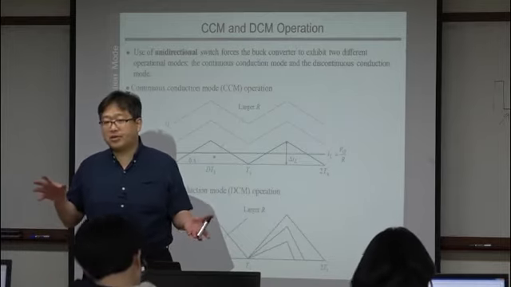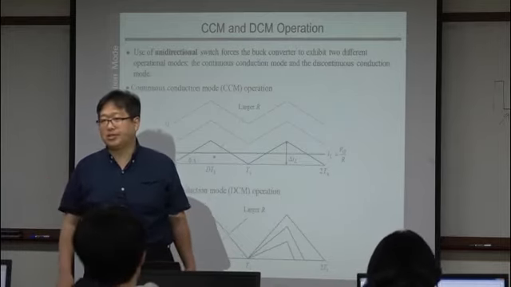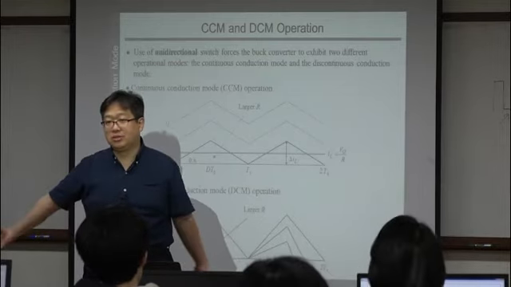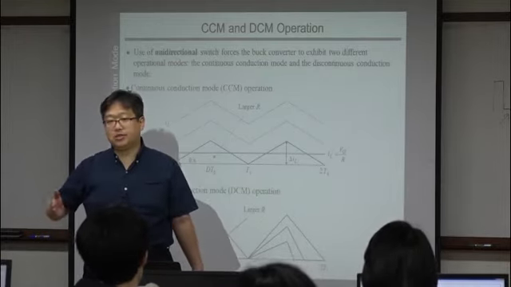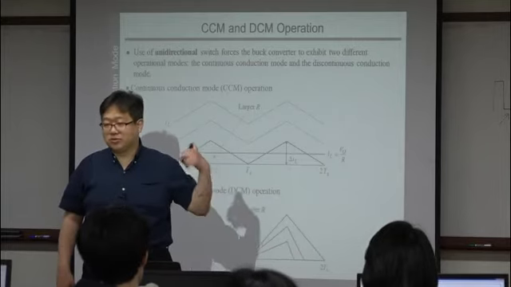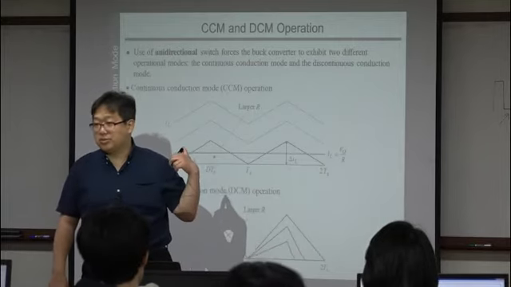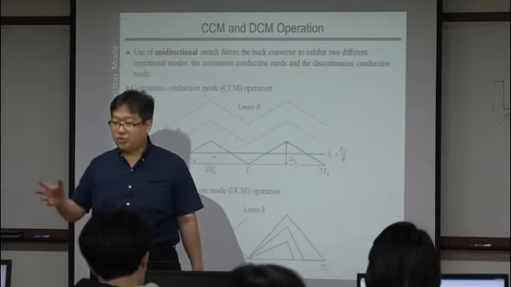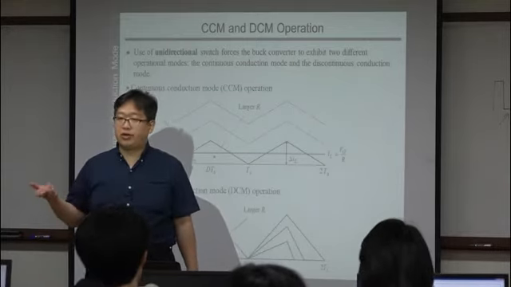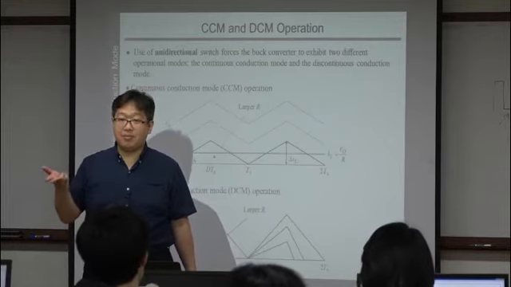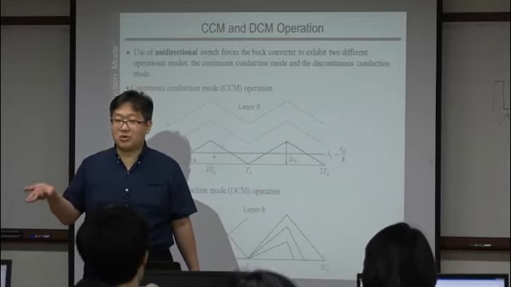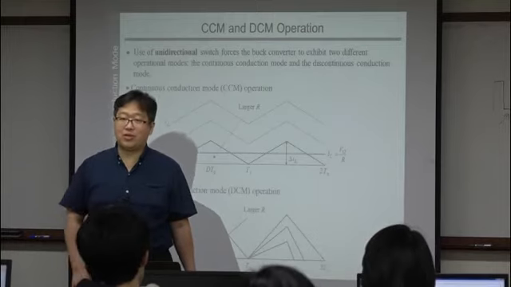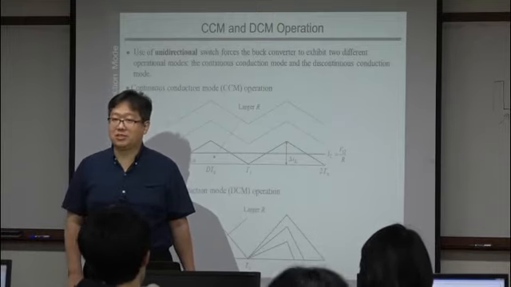If your converter operates under a no load condition, then you don't have any load. Then your inductor current should always see the discontinuous mode. It means in practice, even if you try to regulate with the CCM-based controller, in fact, it does not fit very well with the DCM operation.